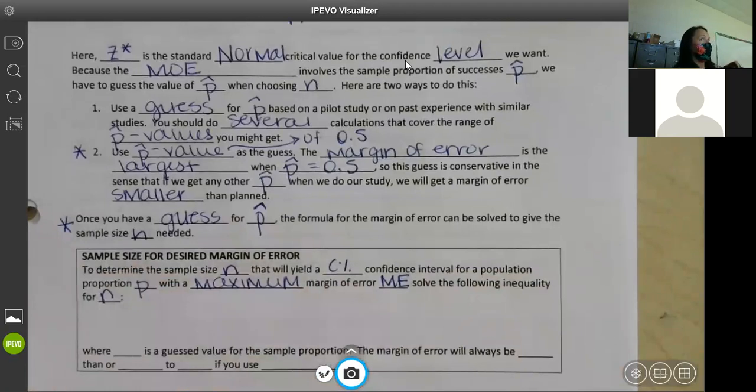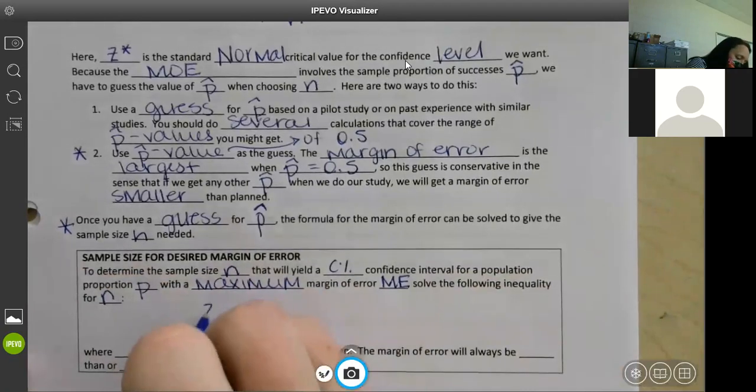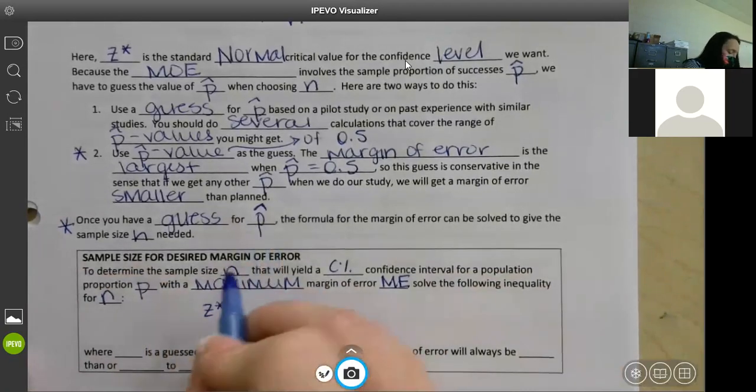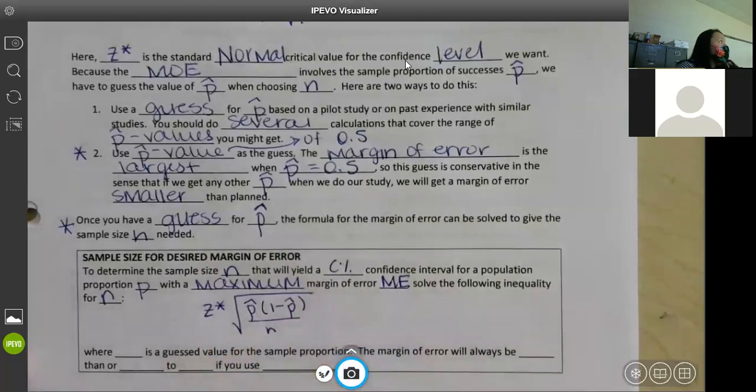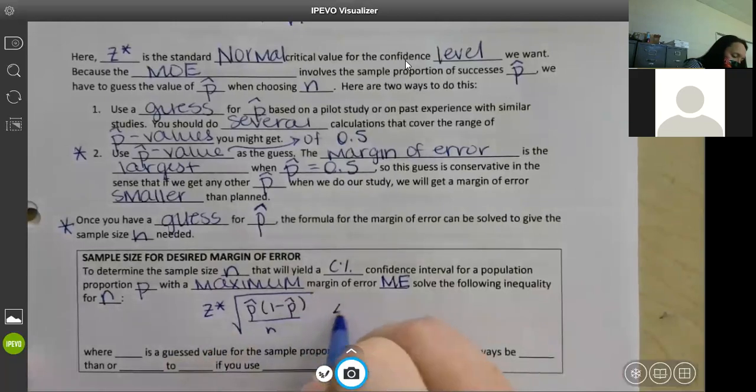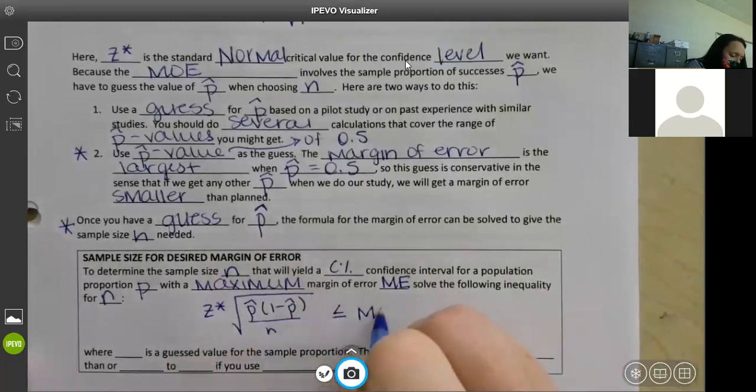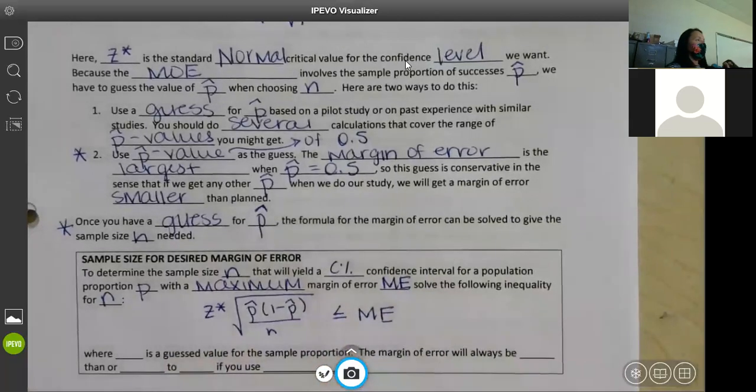All right, so again, the maximum margin of error comes from using that proportion of 0.5. So z star times the square root of p hat, 1 minus p hat over n, but again, our p hat will be 0.5, less than or equal to the margin of error. So you would solve that for n. It looks complicated.